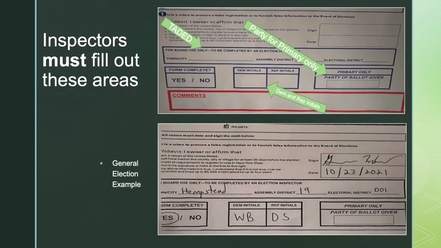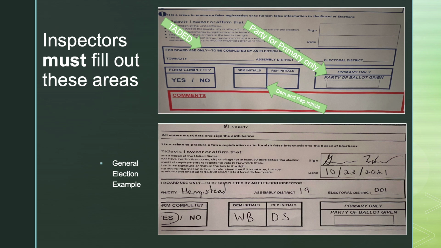The inspectors must bipartisanly fill out 3 areas on the affidavit envelope after checking to make sure the voter filled out their part properly. The first is the Town Assembly District election district number, which can be found on the ballot. Then both the Republican inspector and the Democratic inspector must initial in the proper boxes.